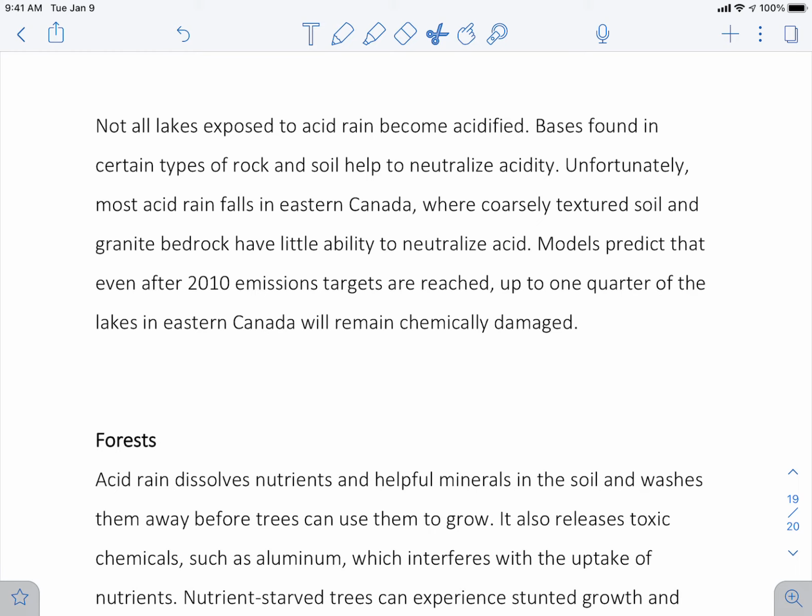And that is unfortunately the case right now, that we have many lakes, including our own Lake Manitoba and Lake Winnipeg, that are damaged, possibly irreparably, by acid rain.